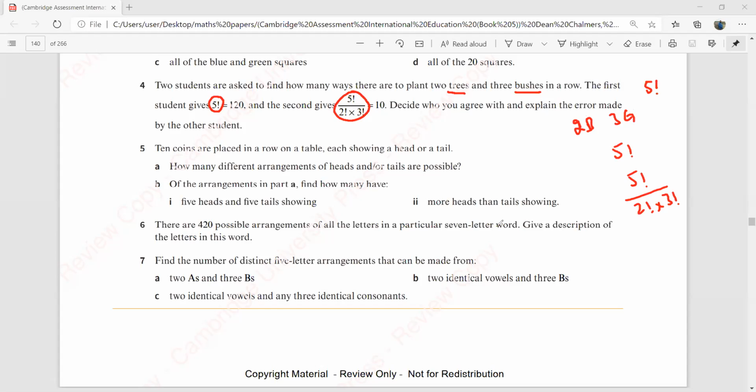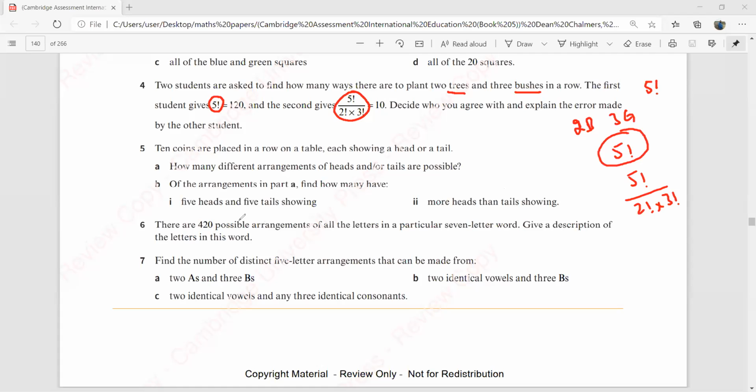Fareba? Which answer do you think is right? Laiba Tariq? Maha Humayun? Sir, 5 factorial is the right answer.